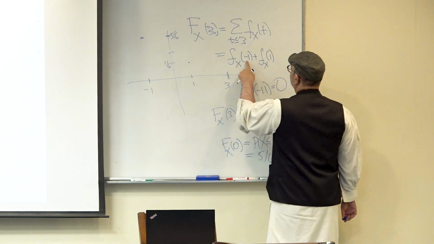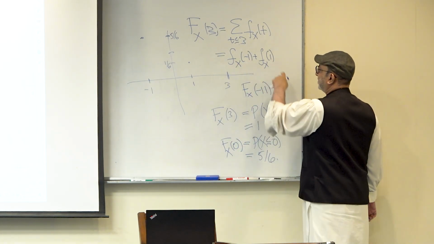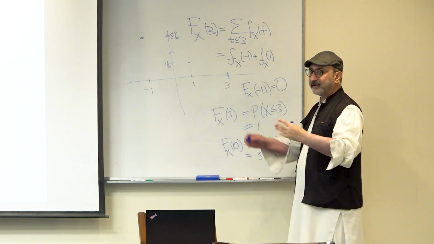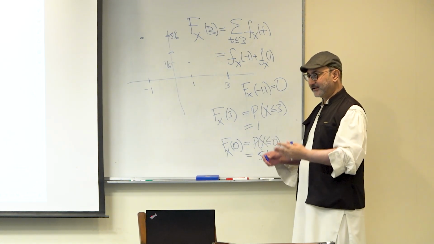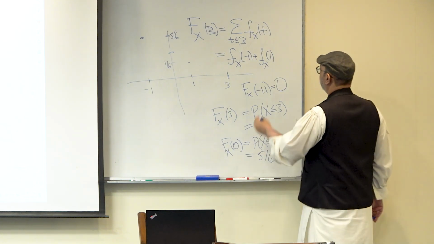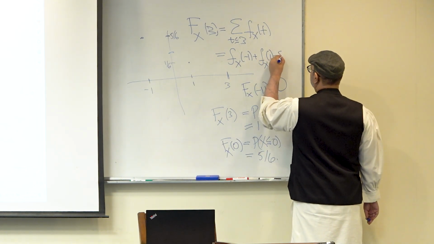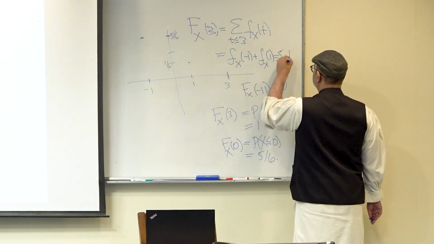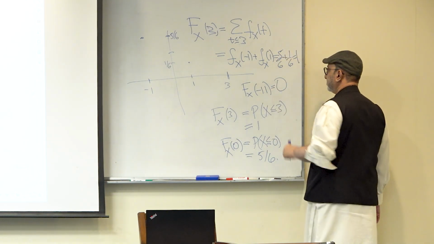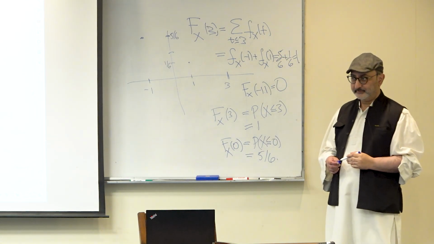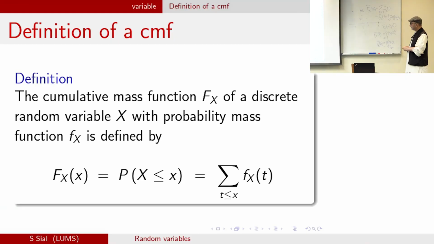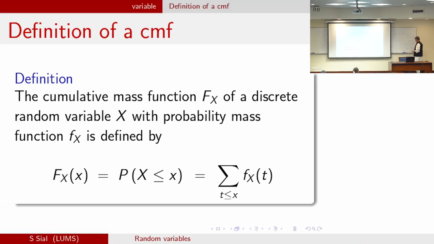Well, minus 1 is less than or equal to 3, plus 1 is less than or equal to 3. There's no other values that x takes which are less than or equal to 3. So that's 5/6 plus 1/6 equals 1. So that's a few values calculated for the CMF for different inputs based on the previous example.